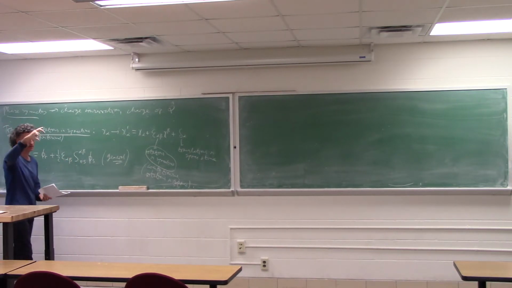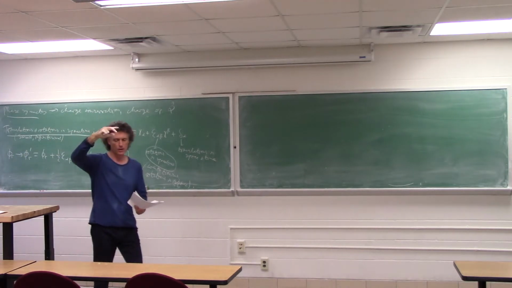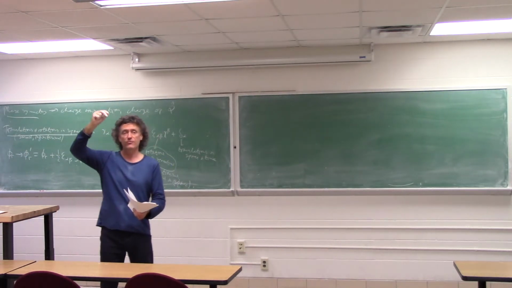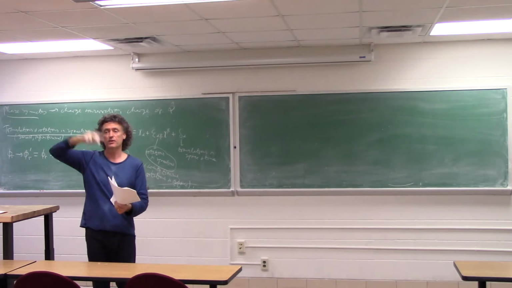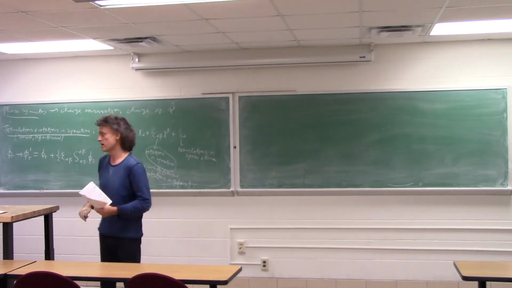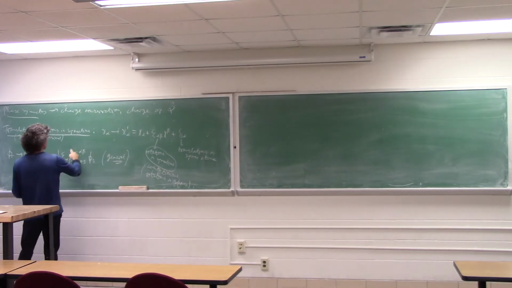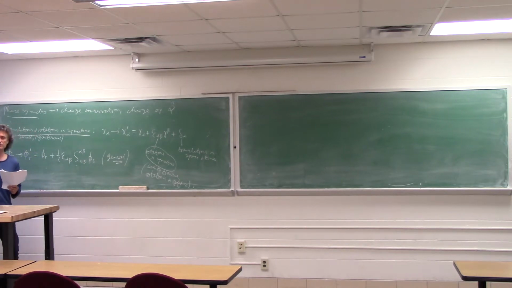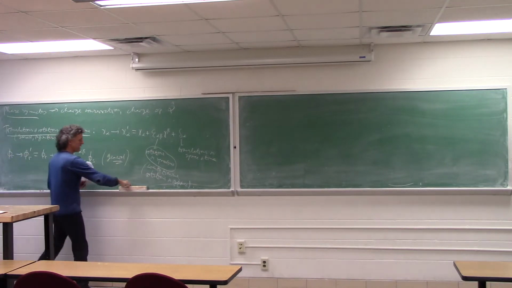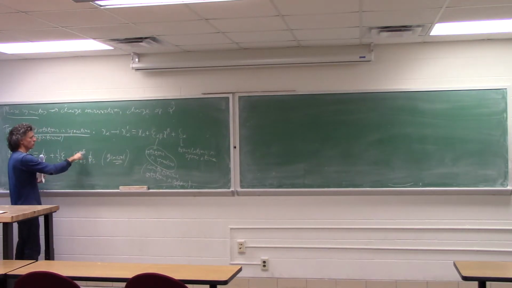If, for instance, I had, say, 3 different fields phi, and they could be components of a vector field, then these matrices would just be such as to give you the right transformation law for a vector field under rotations. In the more complicated case of the Dirac field, we'll see later what these transformations are.